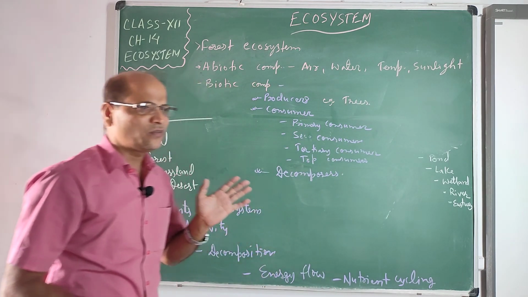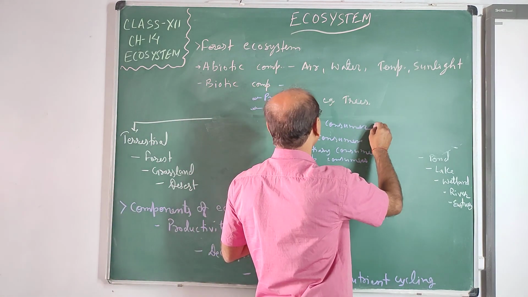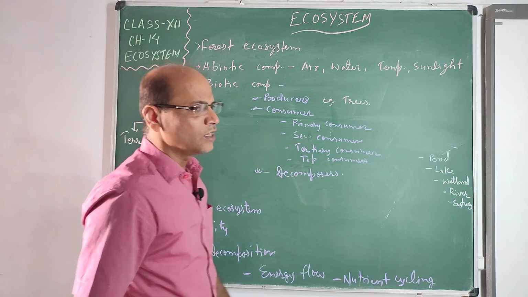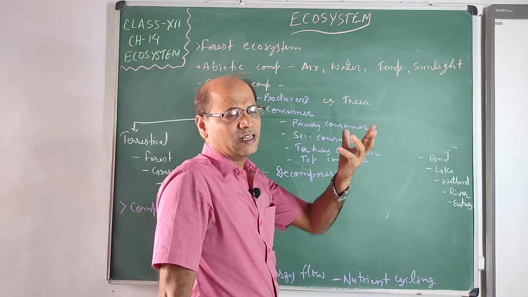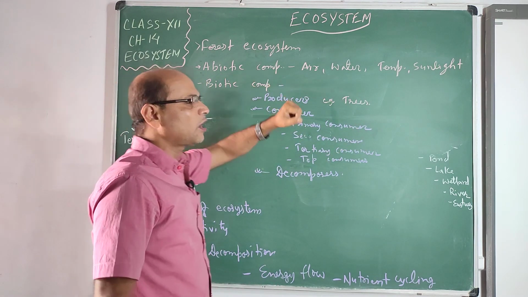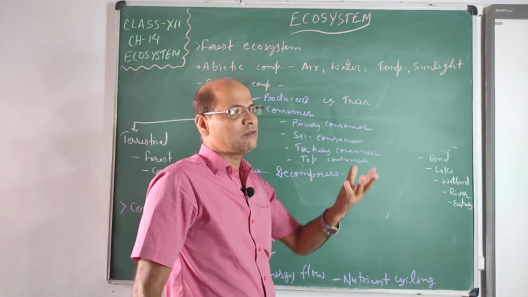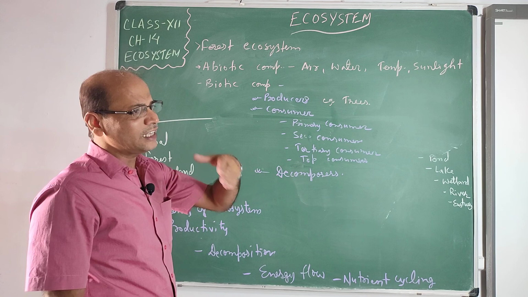Consumers are of different levels: primary, secondary, tertiary, or top consumer. In the forest, the primary consumers eat the leaves of the trees. They may be elephants, giraffes, or other big animals.